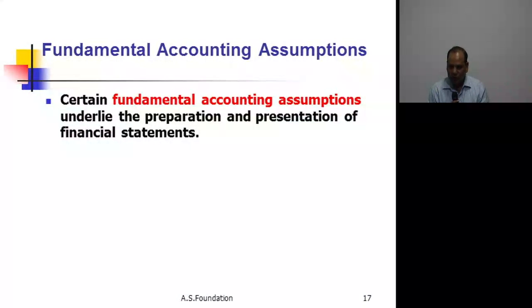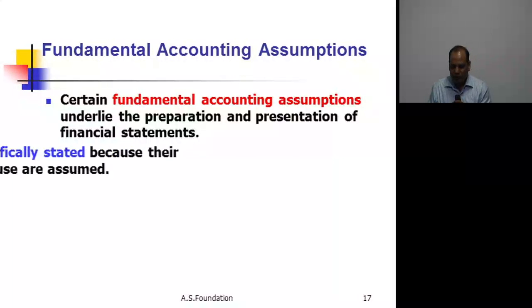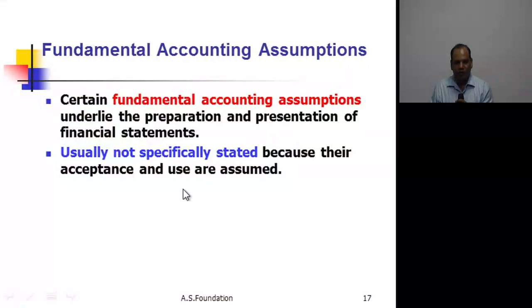They are so fundamental, so basic, that there is no need to even disclose that the company has followed them. The disclosure would be required if these are not followed. They are so basic that every user of the financial statement is going to assume that they have been followed.